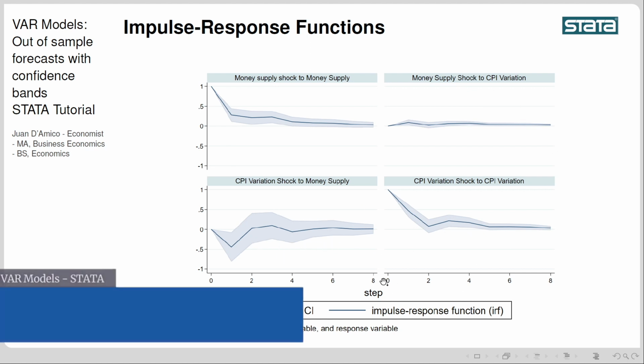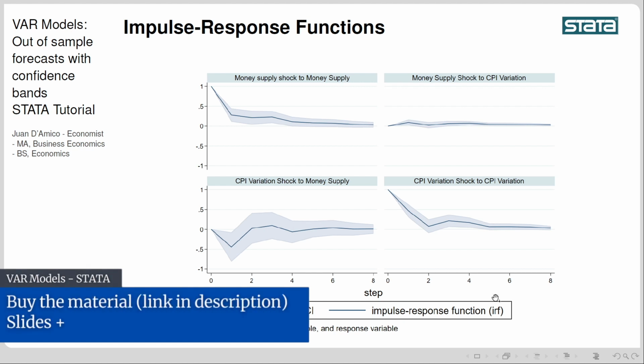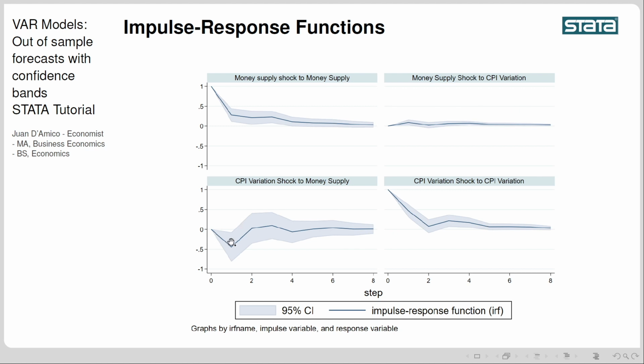If you buy the do file, you're going to get the codes to produce the impulse response with this format, with these colors. We don't analyze money supply on money supply shocks and CPI on CPI shocks. We care about the crossed responses. In this case, we have the money supply shock to CPI variation, and we see that this shock is positive, but it's a slight effect, right?